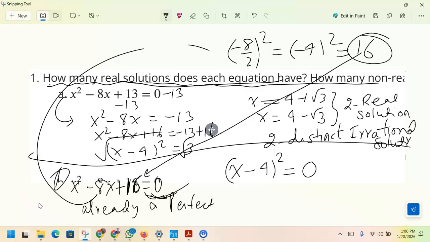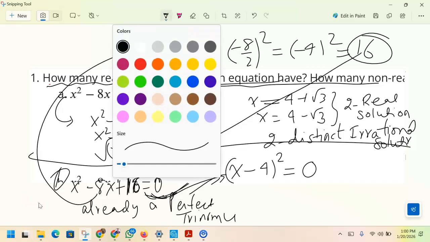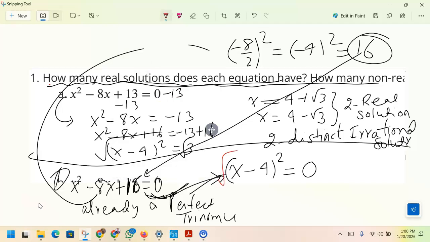This is a perfect trinomial, and the perfect trinomial is written as the square of the binomial. And then take the square root of both sides. So you get x minus 4 is plus or minus 0, and adding 4, you get just 4.